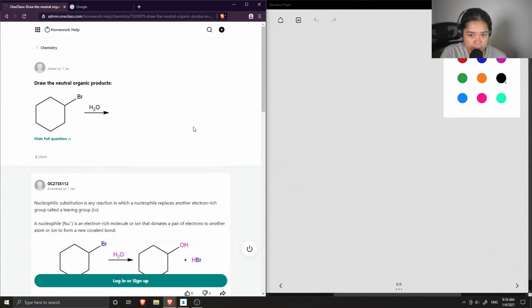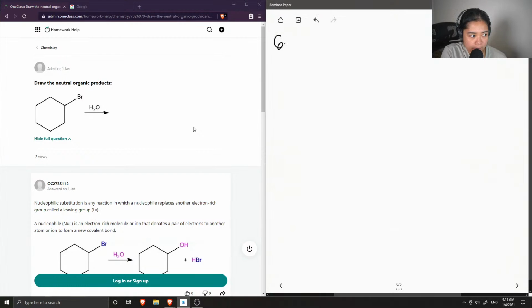Okay, so question number 6 is to draw the neutral organic products. So we start off with a cyclohexane and a bromine group on it. And all it reacts with is H2O.